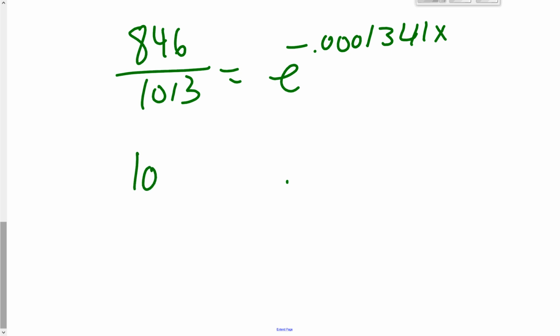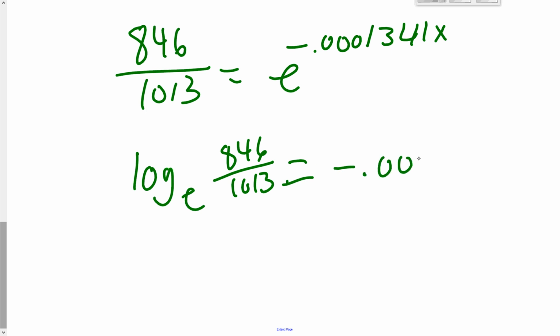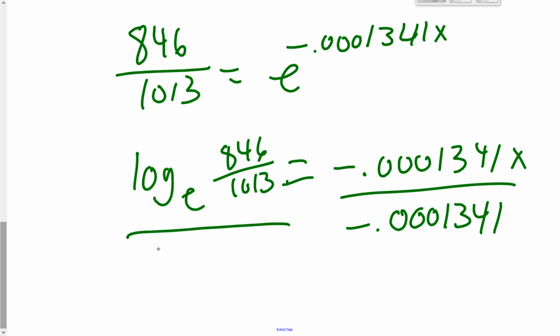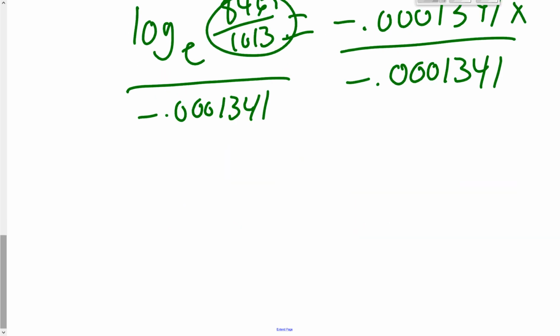So this is log base e of 846 over 1013 equals negative 0.0001341x. Now I can divide by that negative 0.0001341 on both sides. Okay, and I can enter this into my calculator. I already have this number in there, so now log base e is the ln button.